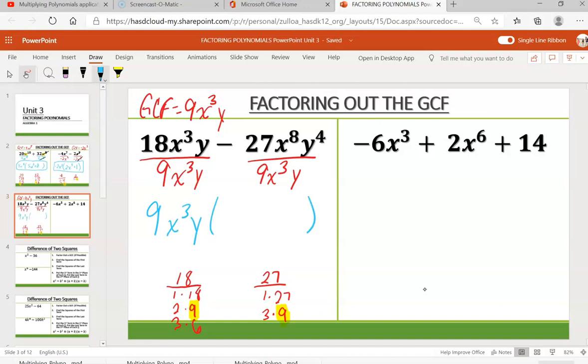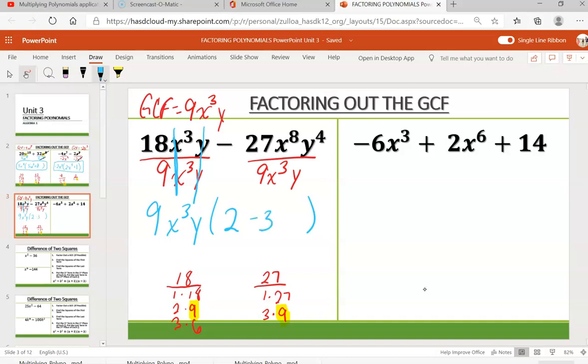So 18 divided by 9 gives you 2. x3 over x3, the same number over the same number. Remember, we cancel them, because they match. And guess what? So do the y's, because it's the same thing. Anything over itself cancels. You have negative 27 divided by 9, which is negative 3.